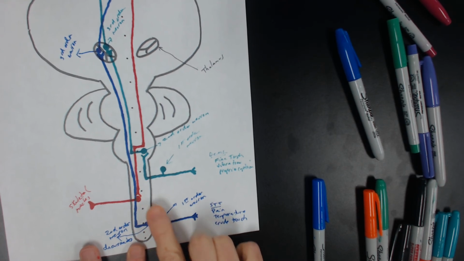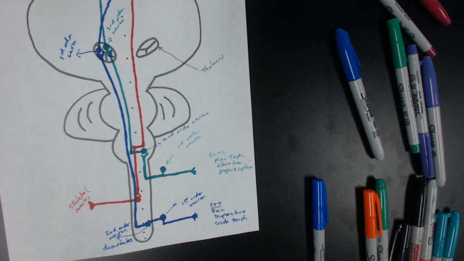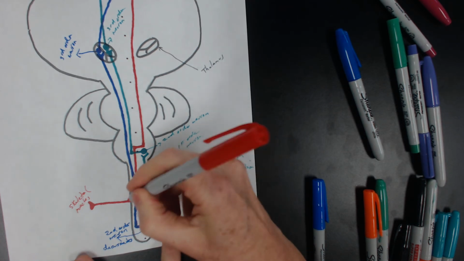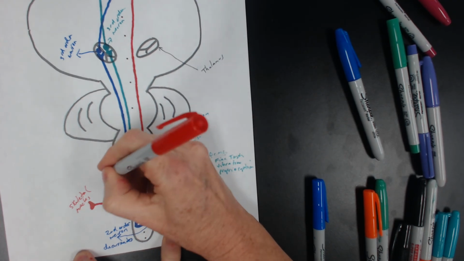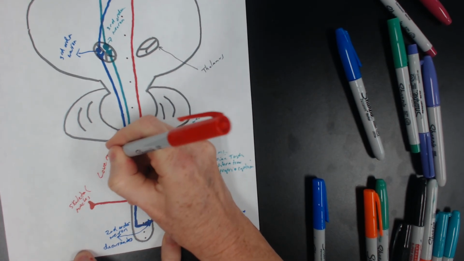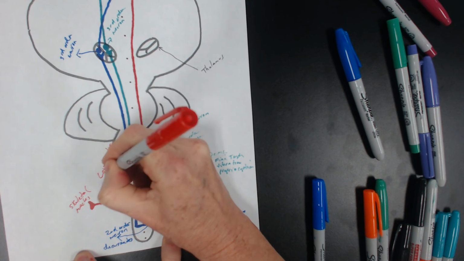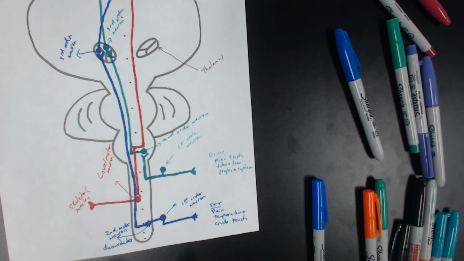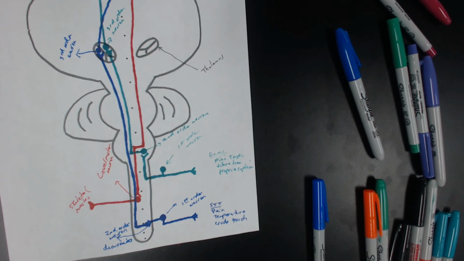This other neuron is called your, any guesses? Lower motor neuron. You got it. Okay. This is your lower motor neuron. So 2 neuron system, upper motor neuron, lower motor neuron.